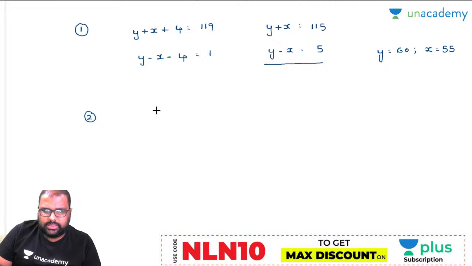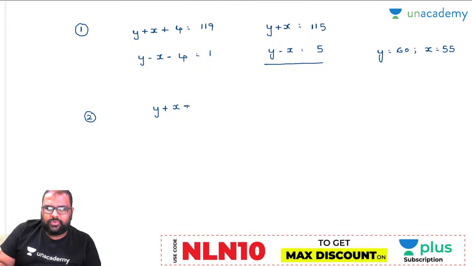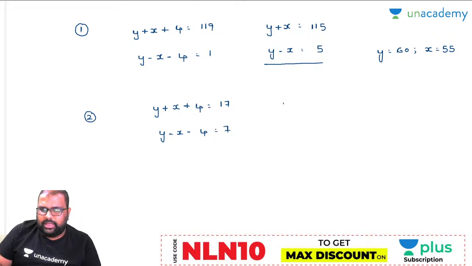And again the second case. The second case will be this: y plus x plus 4 is equal to 17, and your y minus x minus 4 will be equal to 7. So finally what do we get there?